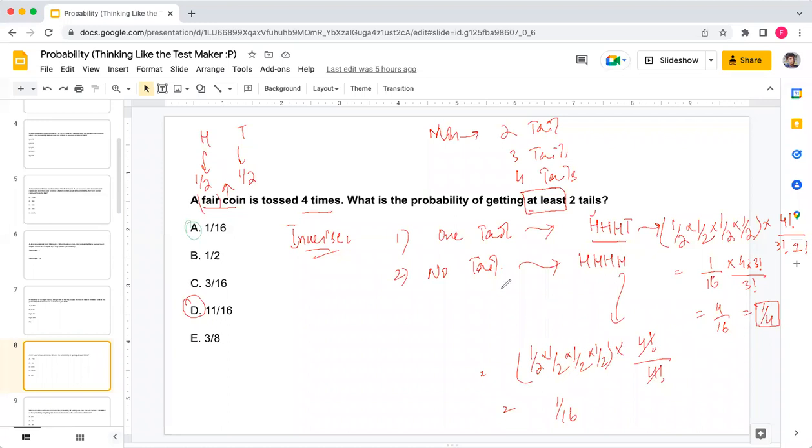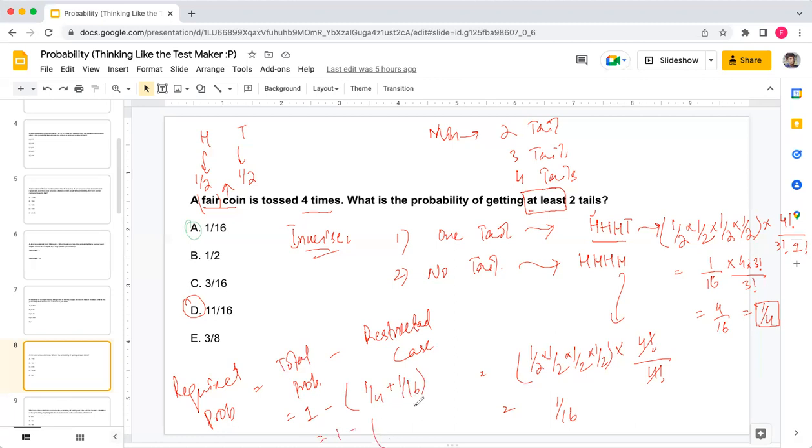Now, as I consider the inverse case, what is the required probability? That will be total probability minus the restricted cases. Total probability is always equal to 1, and the restricted cases are 1 over 4 plus 1 by 16. So this will be 1 minus, to make the denominators common, let's multiply the first one by 4, so 4 by 16 plus 1 by 16.